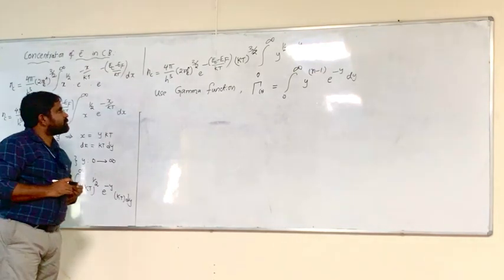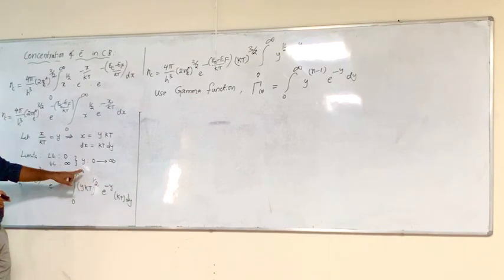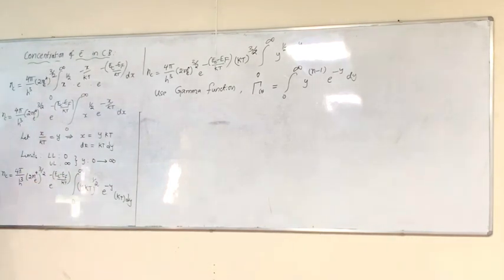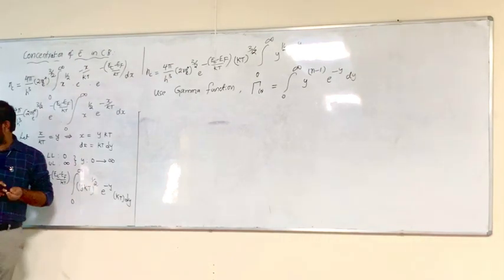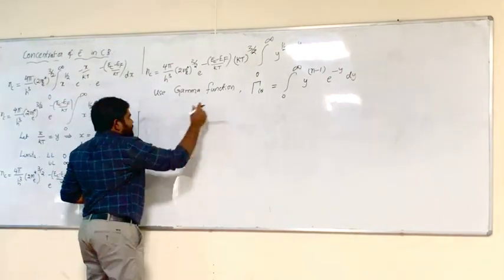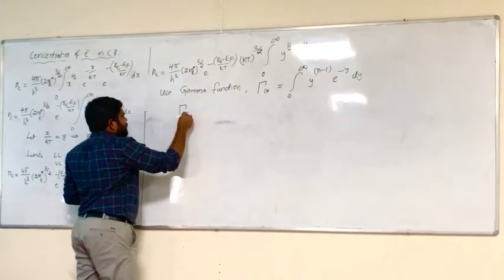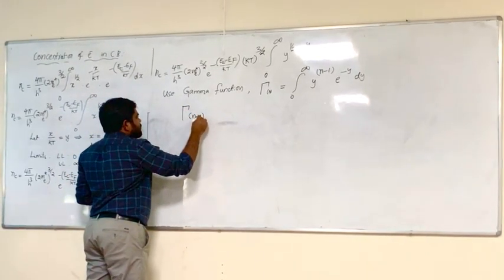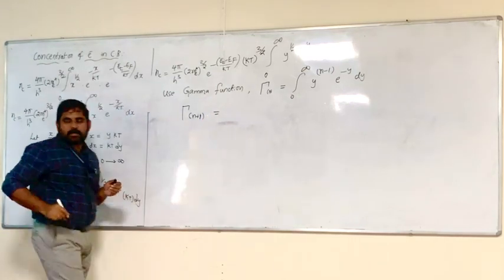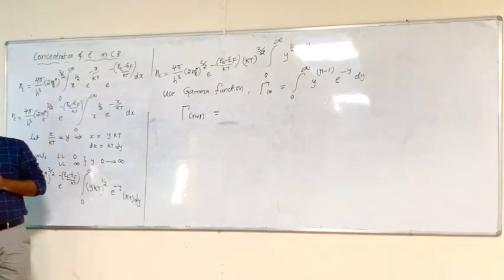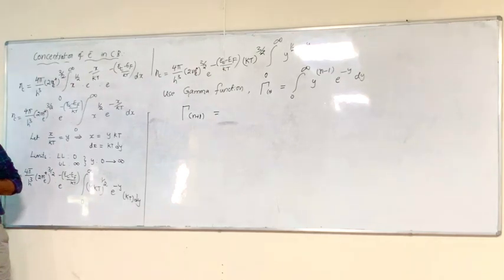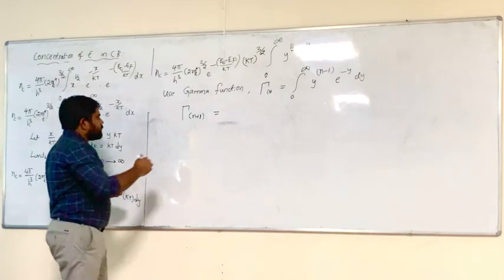Okay, if you have a gamma function like that, gamma function properties are, gamma n plus 1 is equal to n into gamma n.